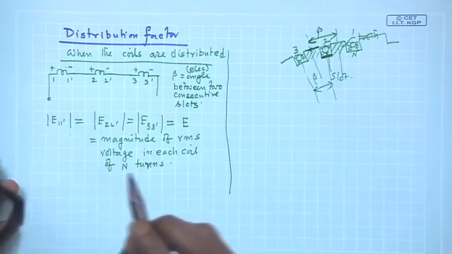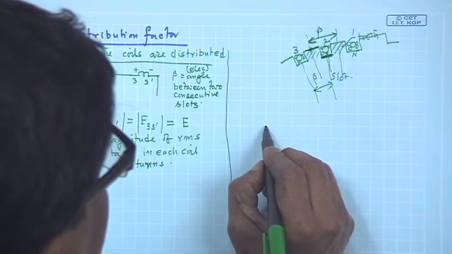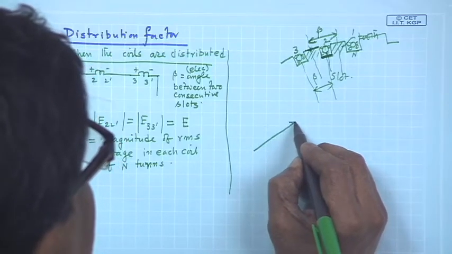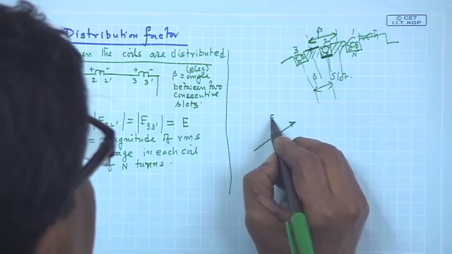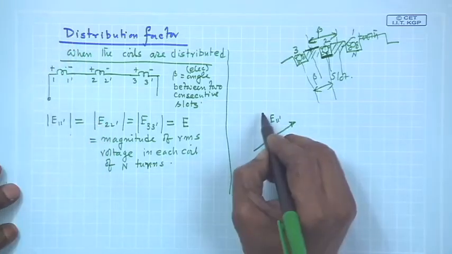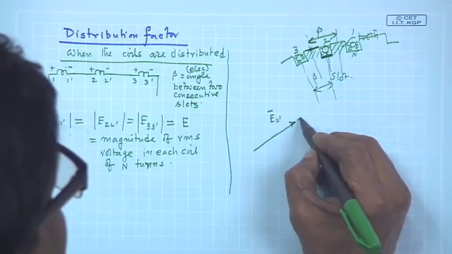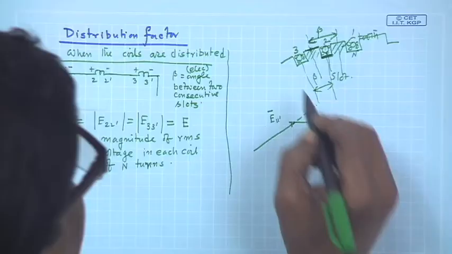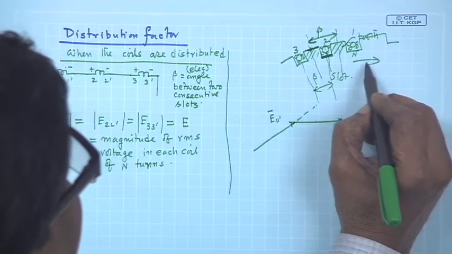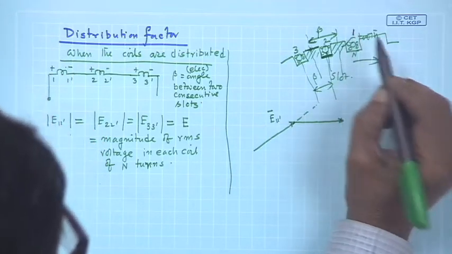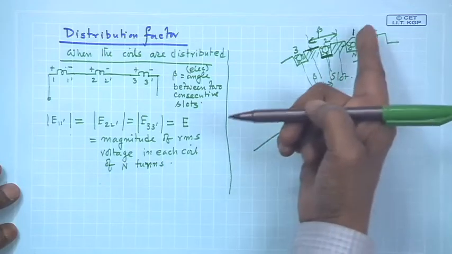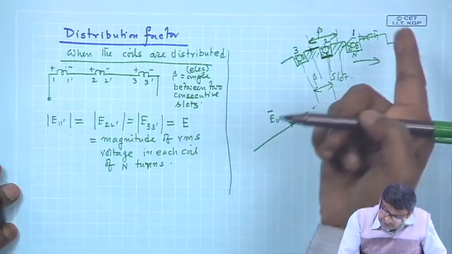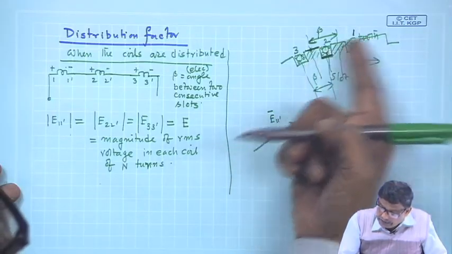When the coils are distributed, I have already seen that if you say that this is E 11 dashed, this phasor, E 22 dashed will be lagging this, assuming the direction of rotation this way. Whatever field distribution 1 sees, 2 sees that same field distribution after a movement of beta angle.